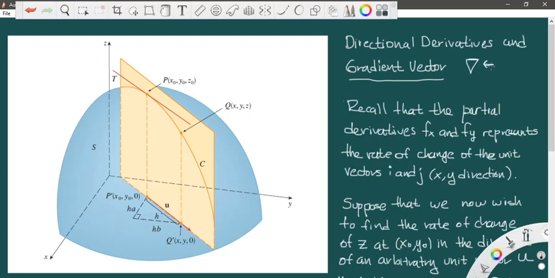This little sign here is the nabla operator. So we are going to talk a little bit about this nabla operator and what it means. And this is very closely related to the gradient vector.